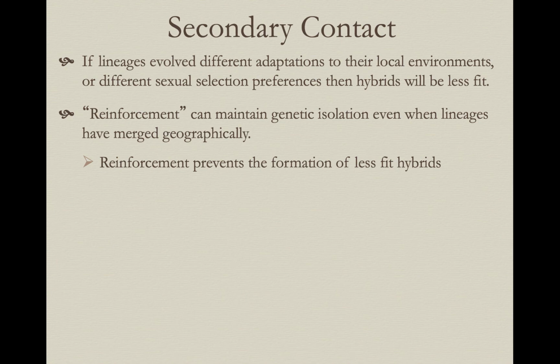Reinforcement mechanisms help to prevent individuals from the two new species from forming hybrids, and this can help maintain that genetic isolation, even if the lineages have merged back geographically. So you're not relying anymore on allopatry to keep the new species from interbreeding and producing these hybrids. The reinforcement mechanisms help to actually keep these less fit hybrids from being formed.